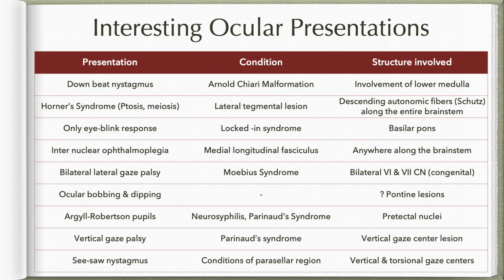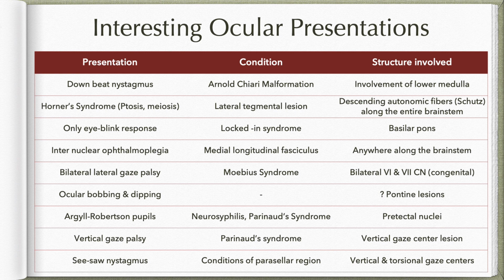If the right-sided medial longitudinal fasciculus is involved, the patient is unable to look to the right, but convergence is otherwise normal. It's only the left eye that fails to adduct whenever the patient is asked to look voluntarily to the right side. So horizontal gaze to the side is affected, but convergence is saved because the medial longitudinal fasciculus is involved, but there is nothing wrong with the oculomotor nucleus itself.